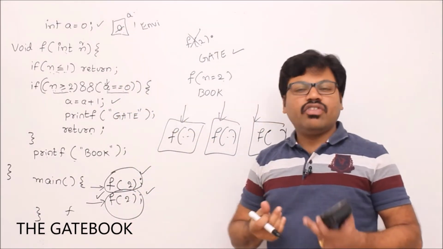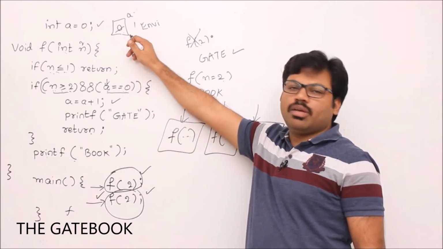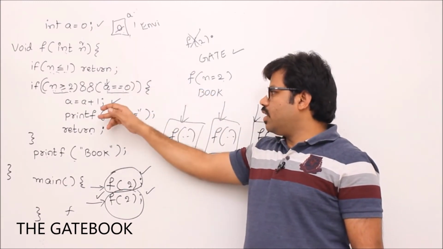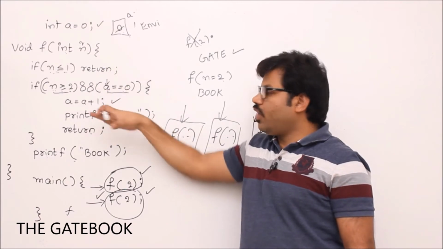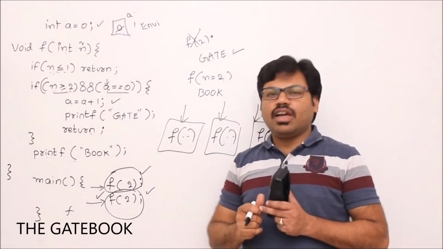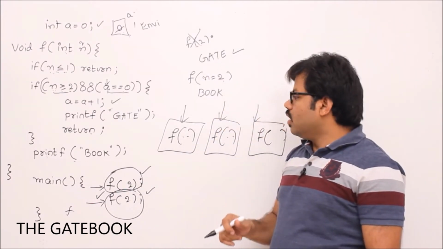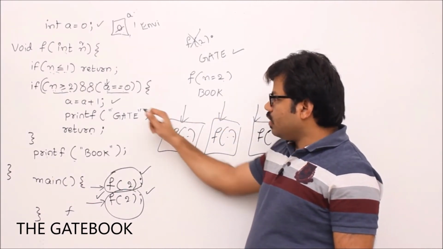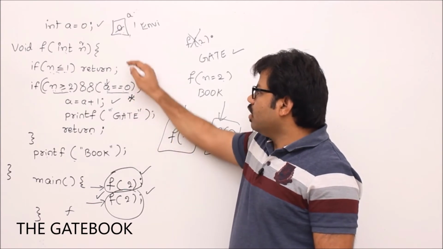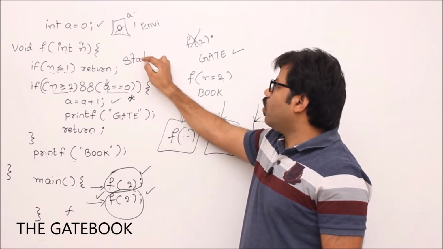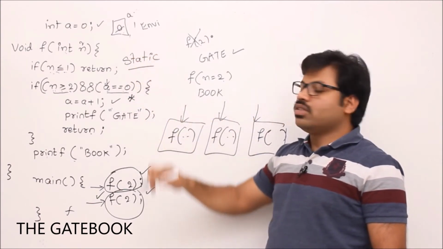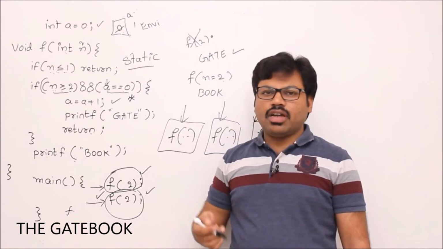Generally, why does the environment get changed? Because of modifications to global variables. This method f modifies the global variable a, that's why the environment has been changed. That is one thing. The second thing is that your function might have a static local variable, whose lifetime is throughout the program.